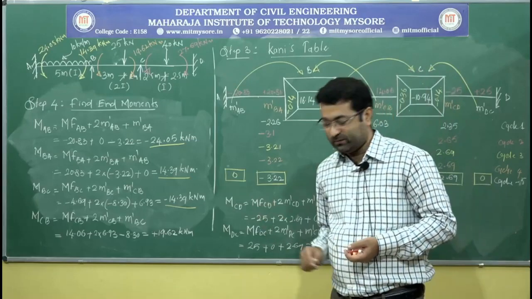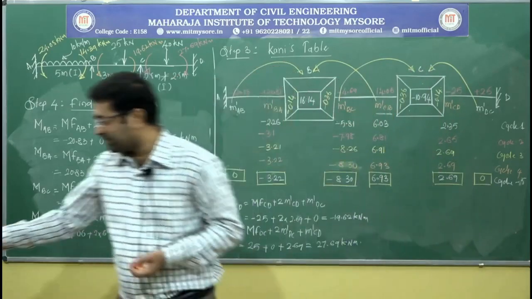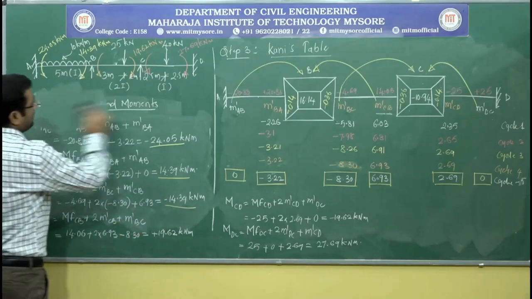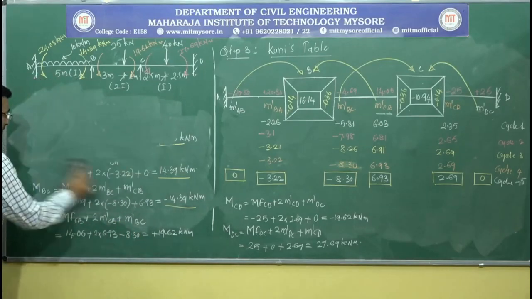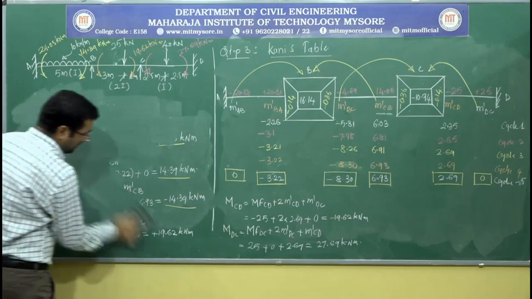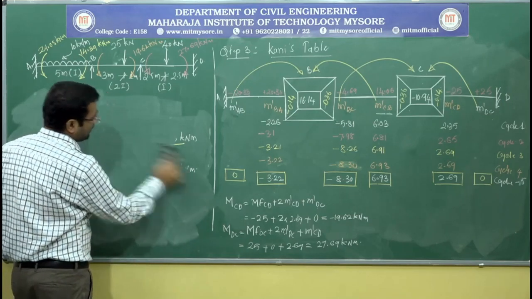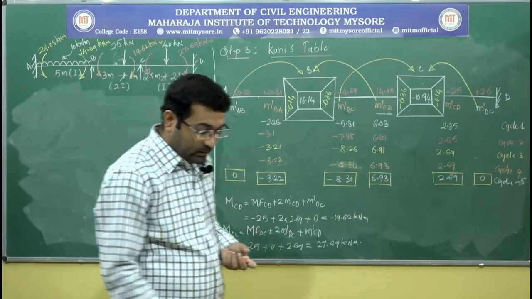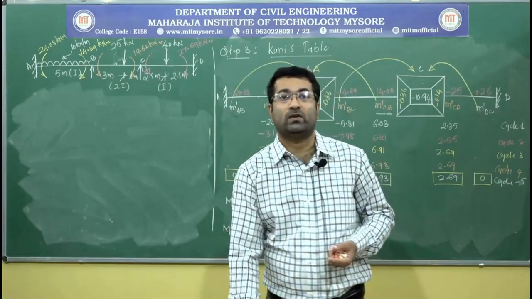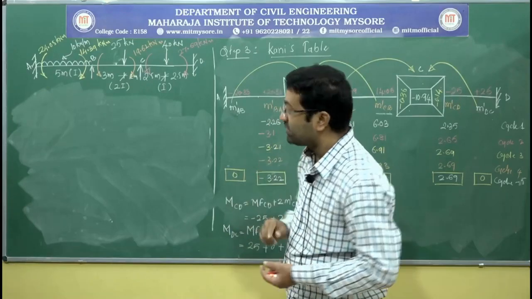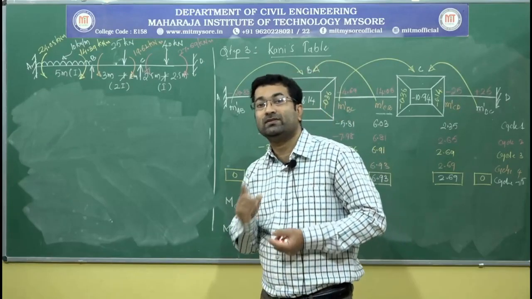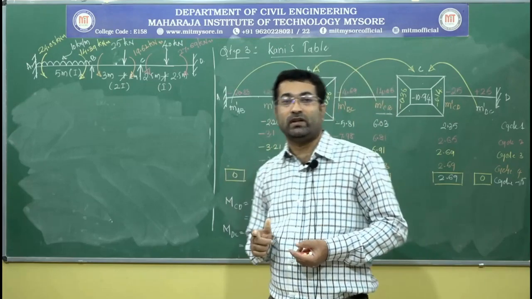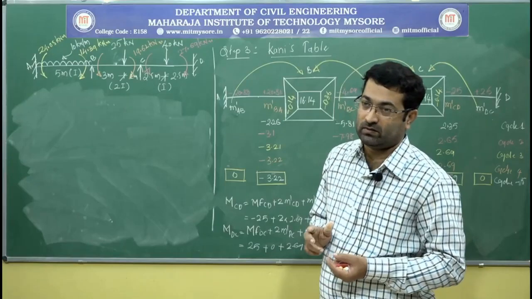In the problem we can observe that they have asked us to draw only the bending moment diagram, not the shear force diagram. As they have asked only for the bending moment diagram, we can draw it without any further calculations. But if they ask us to draw the shear force diagram also, then we need to go for one more step, that is support reactions and the maximum bending moment calculations.